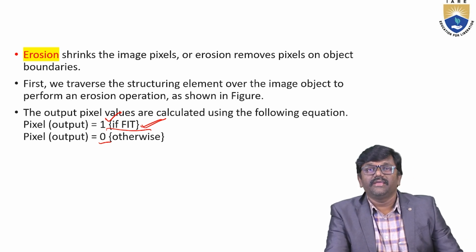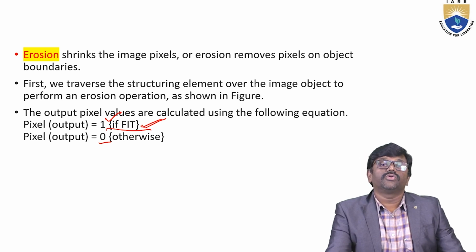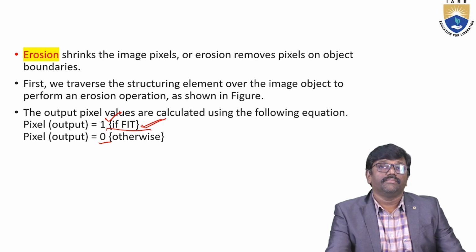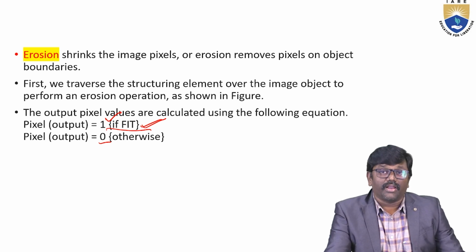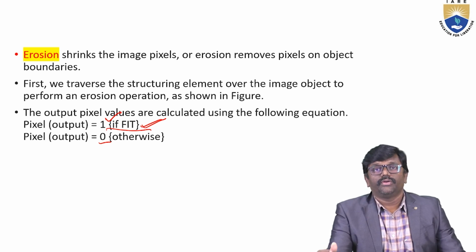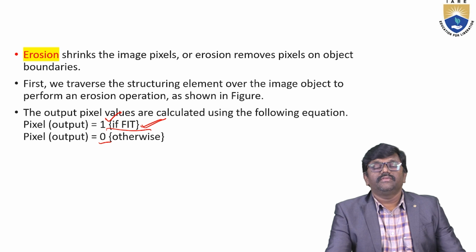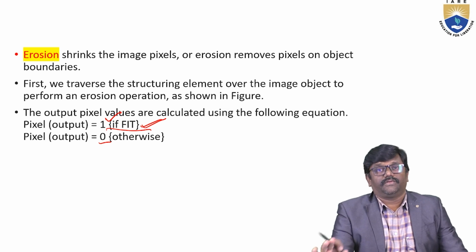But you are understanding how to define erosion mathematically: the output of the pixel is 1 if it is a good fit. Otherwise the pixel output will become 0.